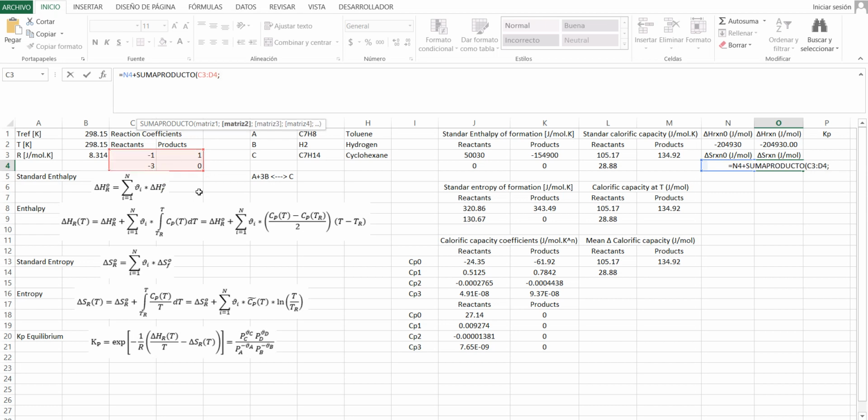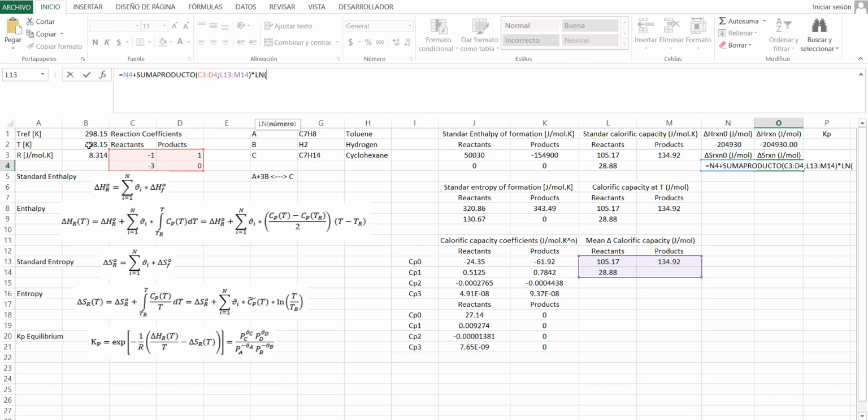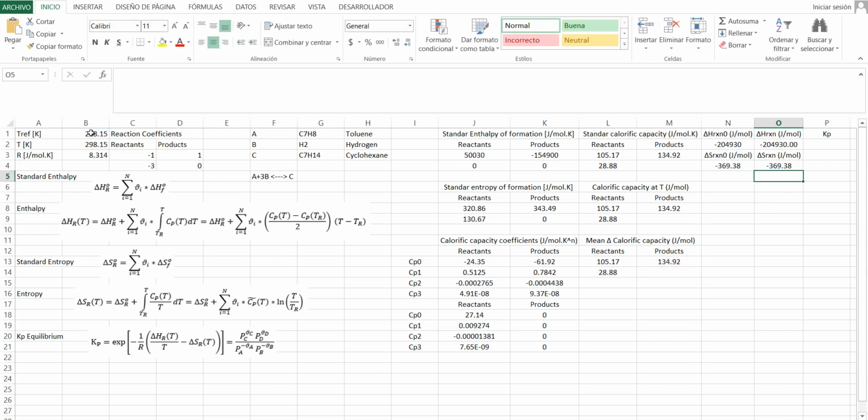This Cp is just the same as this one, the mean calorific capacity. So this matrix. And to that, we are going to multiply this natural logarithm of the temperature divided by the reference temperature. And that would be the change of entropy of the reaction.